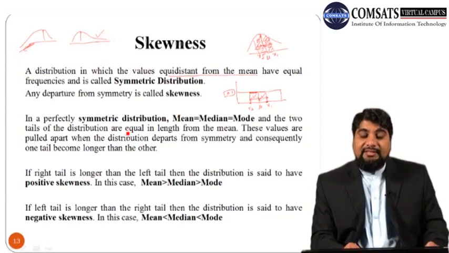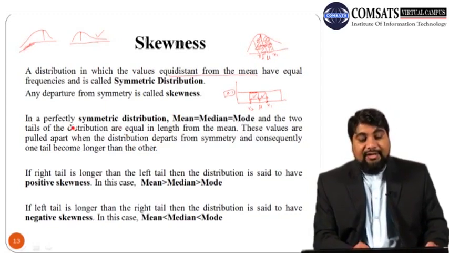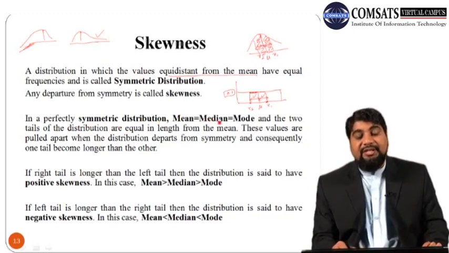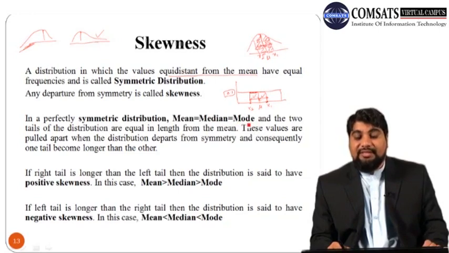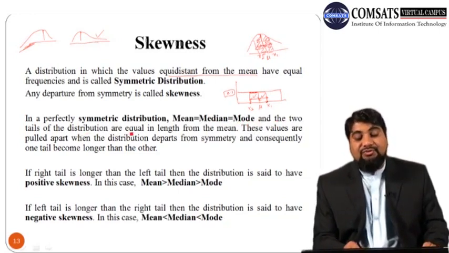Now there are certain rules. In a perfectly symmetric distribution, the mean is the same as the median, which is the same as the mode. So mean, median and mode coincide, and the two tails of the distribution are equal in length from the mean. We can see that this is the right tail and this one is the left tail, and they are equal in length.